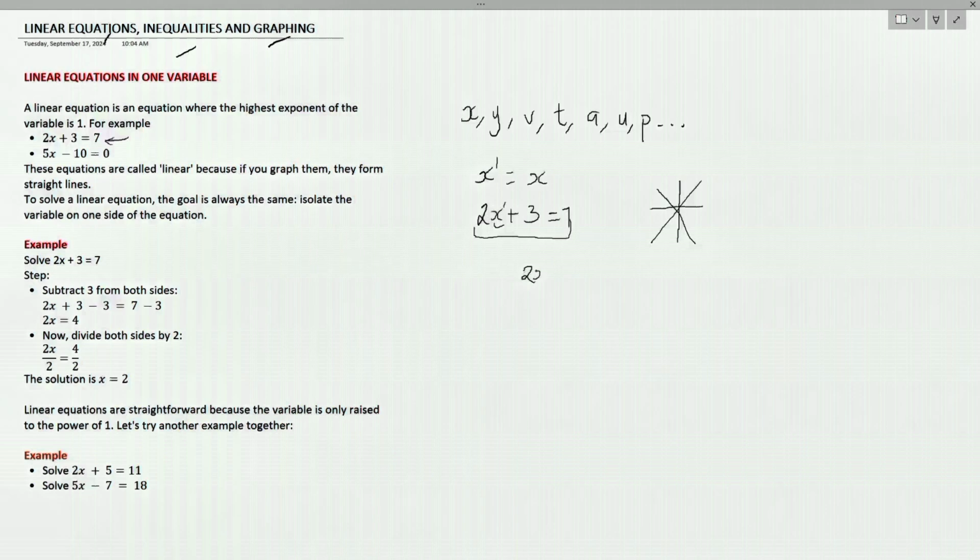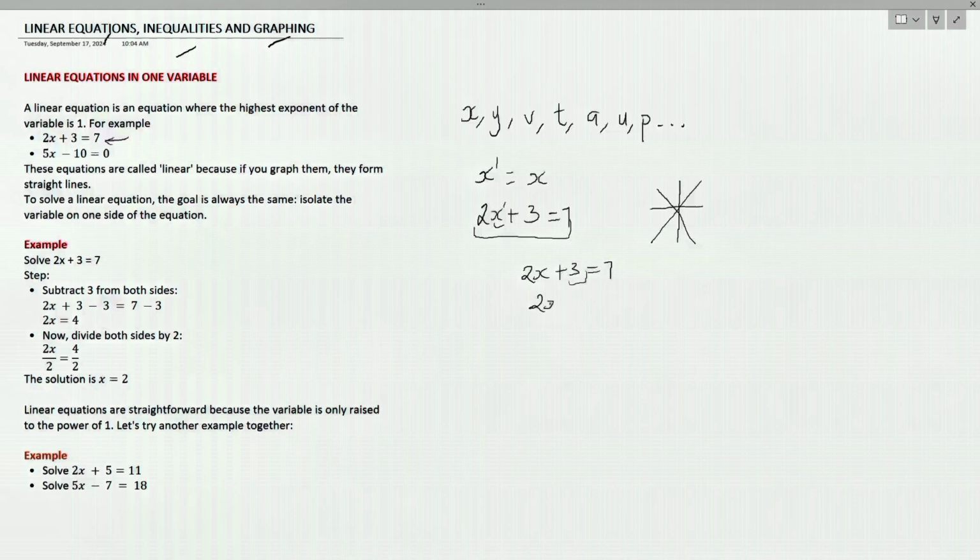So now let's look at 2x plus 3 equals 7. How do we solve this? As we said, isolate the variable x. Before we can isolate the variable, we need to subtract this constant 3 from both sides.